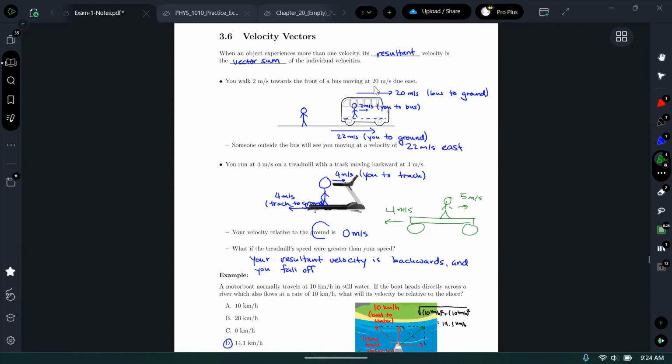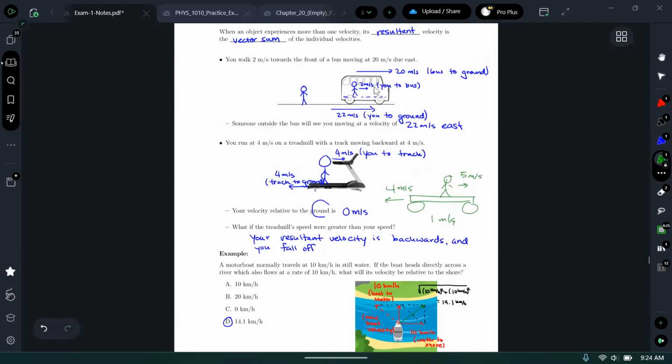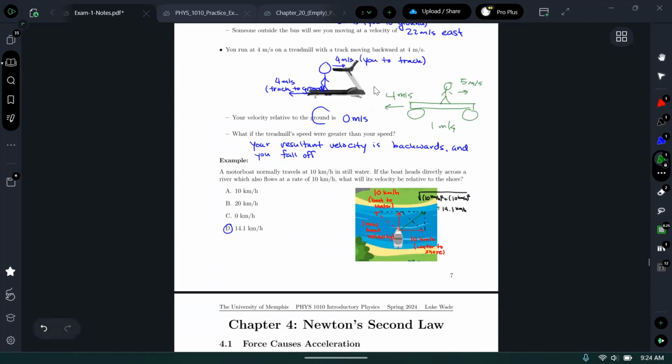You're only getting a net gain of 1 meter to the right each second. So your speed relative to the ground would be 1 meter per second. And velocity relative to the ground would be 1 meter per second to the right. So questions like that are what can be expected for relative velocity.